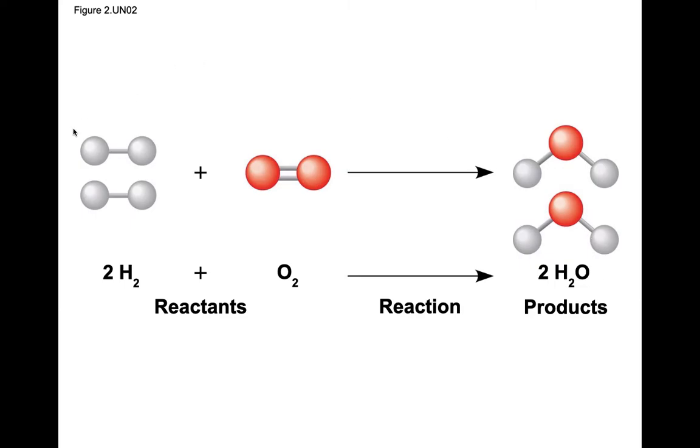So I can combine hydrogen gas and oxygen to form water. This is really where people are thinking hydrogen fuel cell cars are the future of non-carbon intensive transportation. Or I could use water molecules to create oxygen and hydrogen gas.